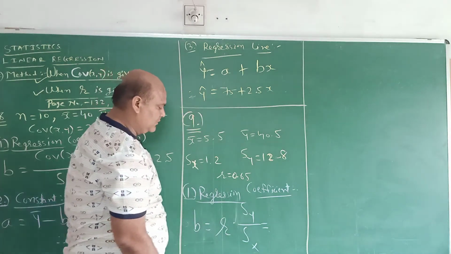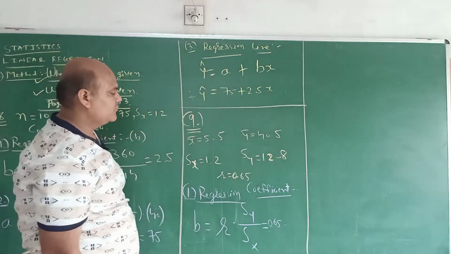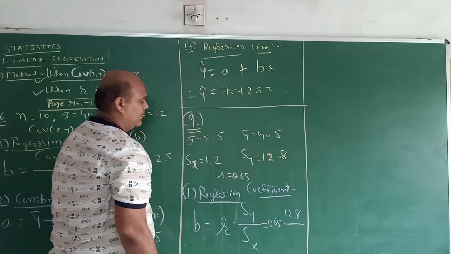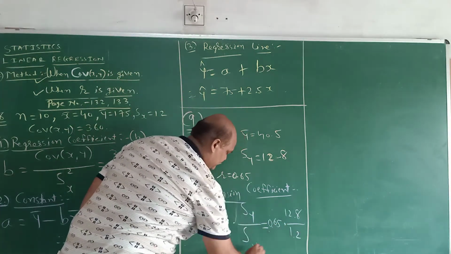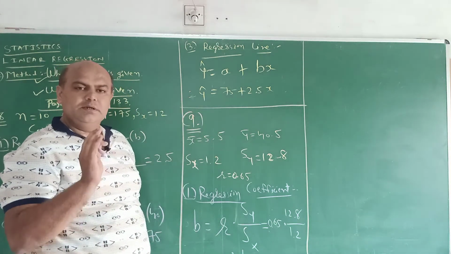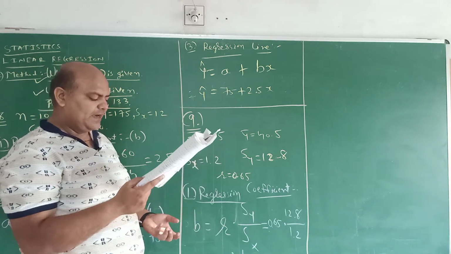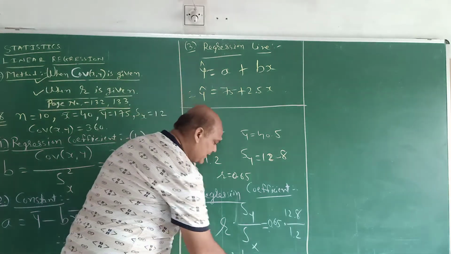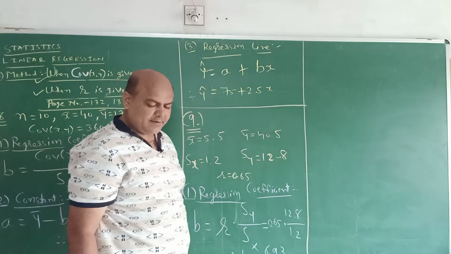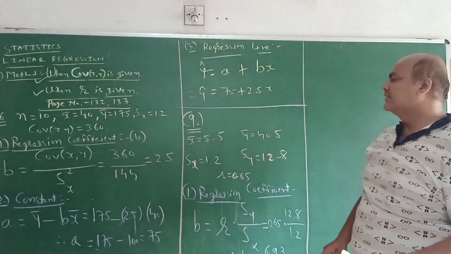The R is 0.65 into Sy is 12.8, Sx is 1.2. 0.65 multiplied with 12.8 and divide by 1.2. Final answer we got is 6.93. You can do it with your calculator easily. First step, regression coefficient, is complete.